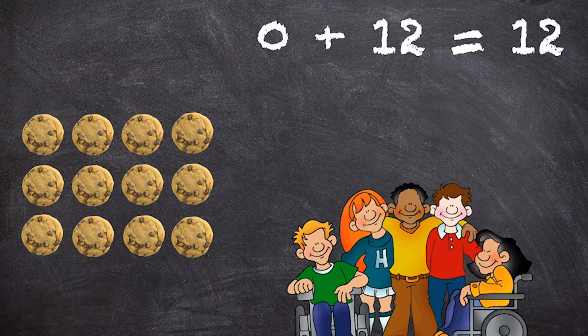Now, what happens if my friends and I end up eating the 12 cookies? If I have a total of 12 cookies, and 12 of those cookies are eaten, how many will I have left? Oop, there they go.